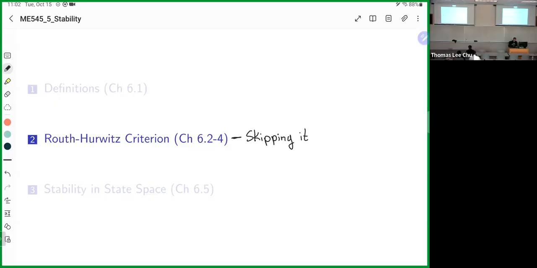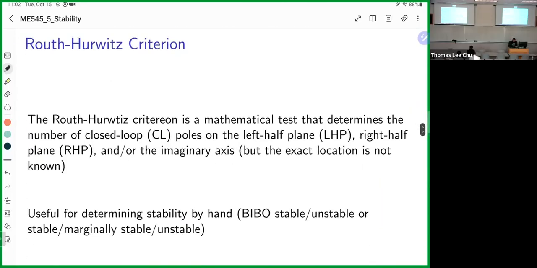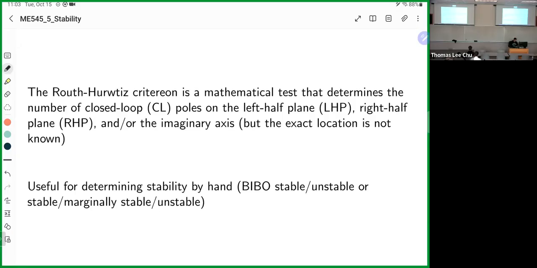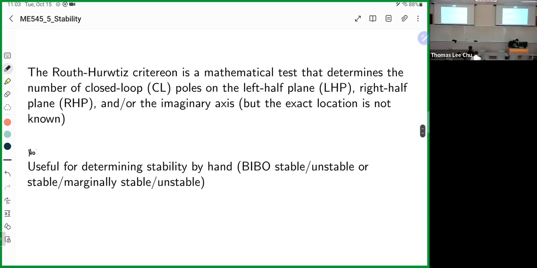You'll never use it outside of this class, but if you're dying of curiosity, you use the Routh-Hurwitz criterion as a way of determining the number of closed loop poles in the left half plane, right half plane, and imaginary axis, but you don't know the exact location. You just know how many poles are in each of these sectors. It's useful for determining stability by hand. It's not useful at all.